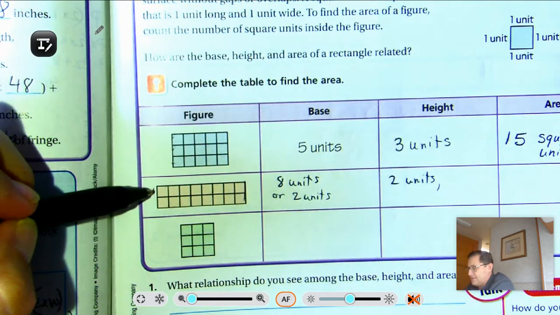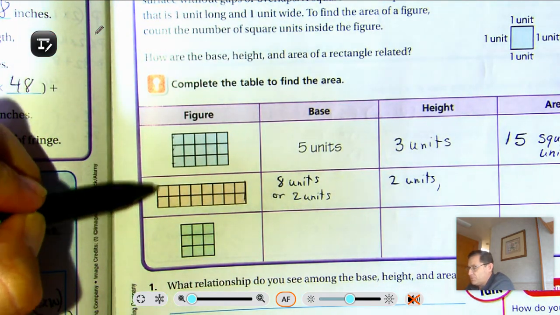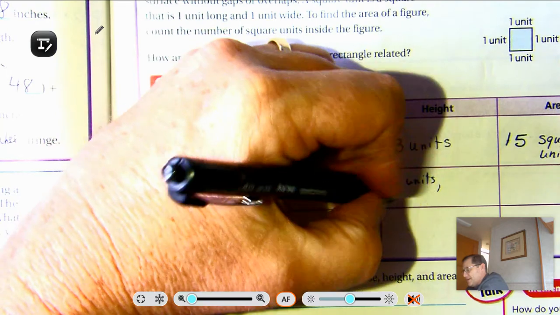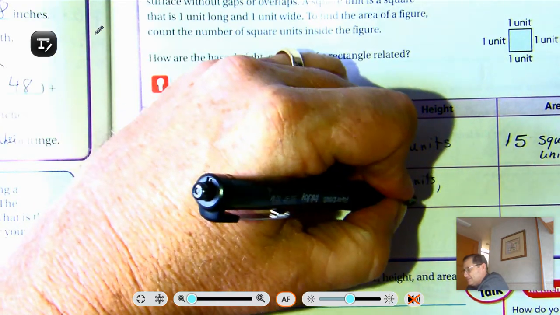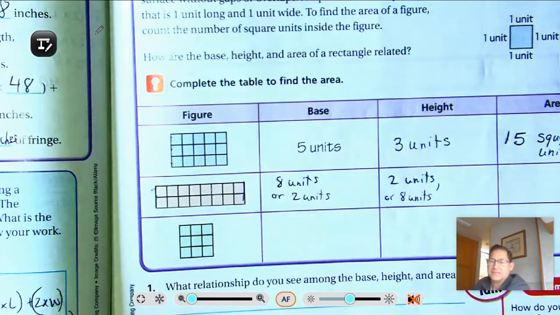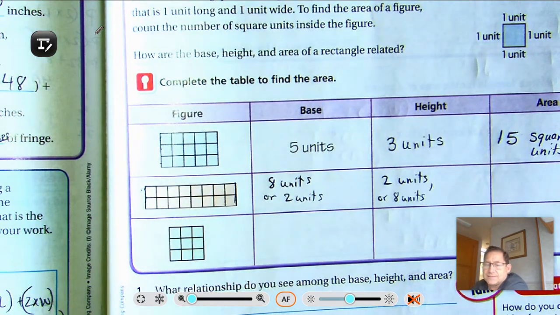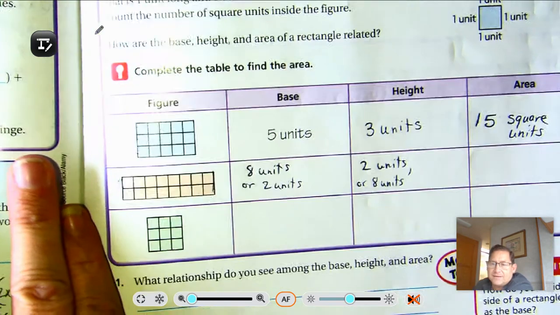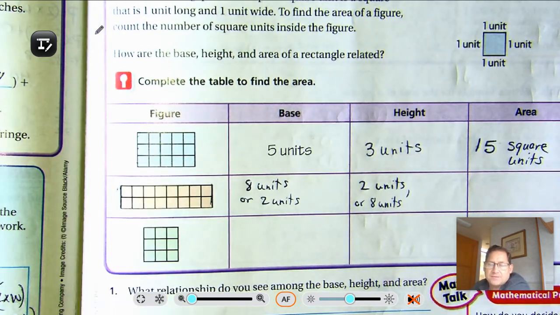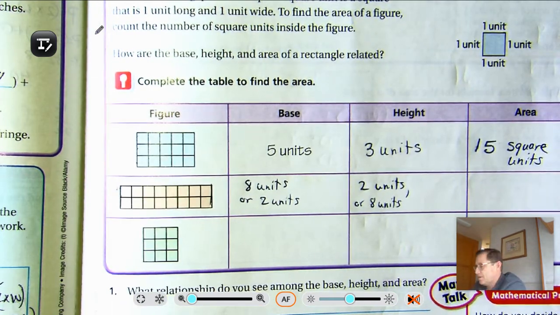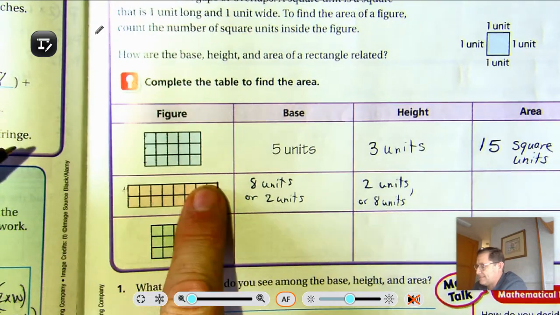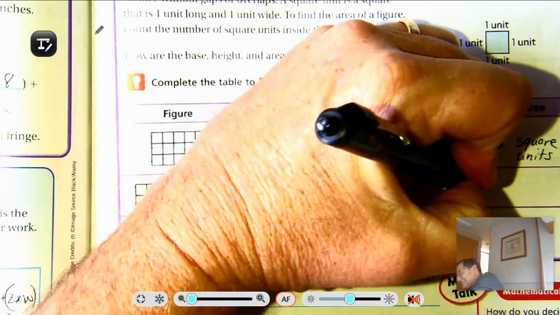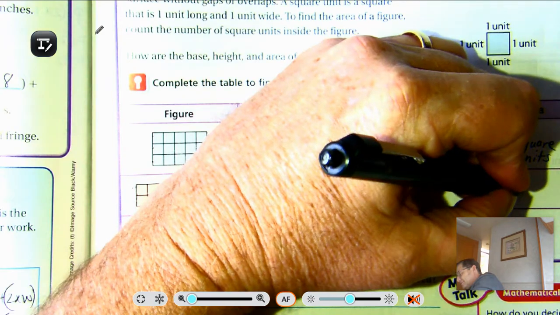If I said the base was 2, then the height would be 8. So it doesn't matter which one you call the base. What's the area? How many square units are inside the figure? Well, 8 and 8 is 16 square units.